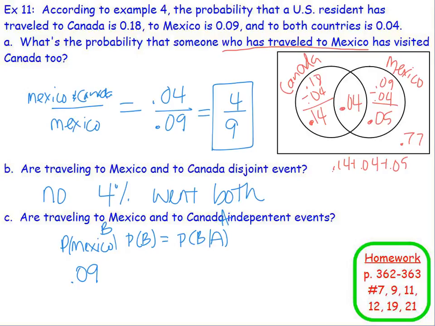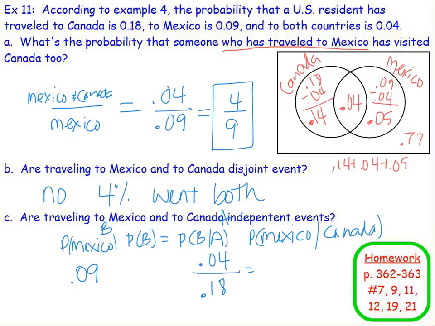Now we have to find the probability of Mexico given Canada. Notice I said the given is Canada. So Canada is the requirement, which is 0.18. But then the numerator is Canada and Mexico, which is 0.04.